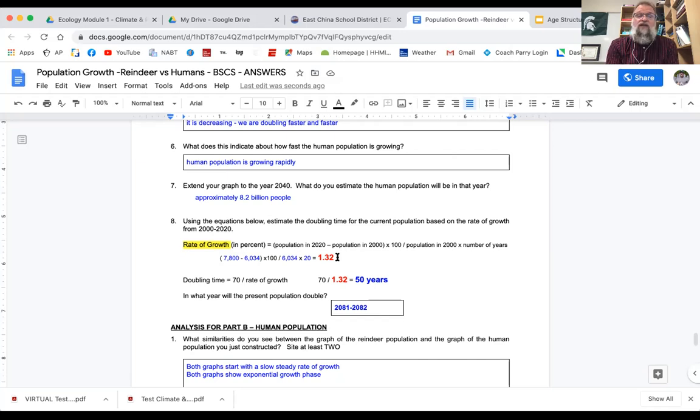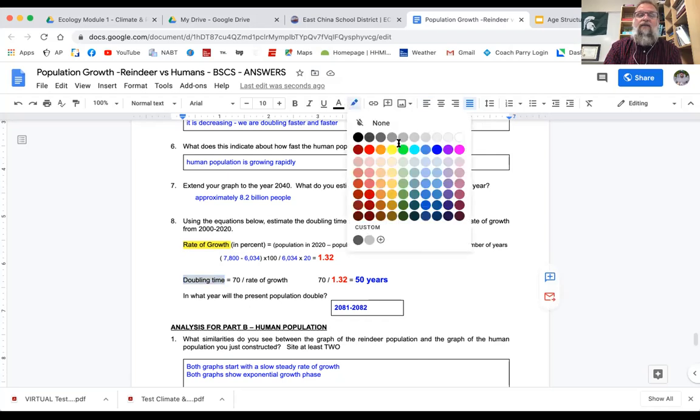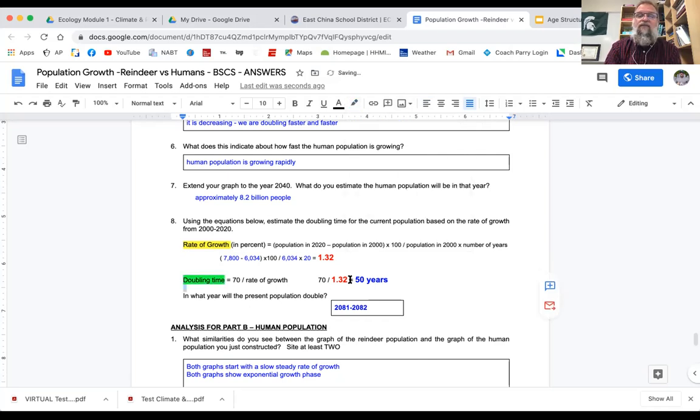So if nothing changes, we can figure out the next time our population should double. So right now we're at 2020, we're around 7.8 billion. In our doubling time, we take 70 divided by the rate of growth, which says we should double again in about 50 years.